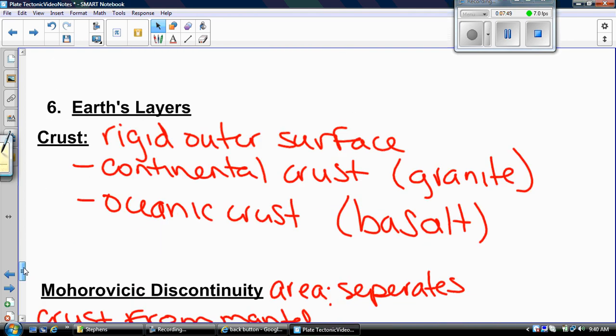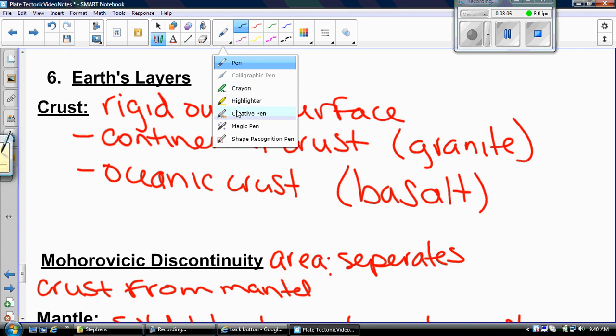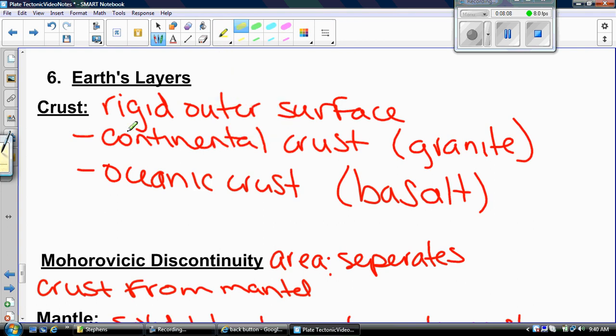Okay, so in order to understand why our continents move, we have to understand the Earth's layers, what's inside the Earth. The outermost layer of the Earth is our crust. It's the rigid outer surface. We have two types of crust. We have continental crust, which is mostly made up of the igneous rock granite, and oceanic crust, which is mostly made up of the igneous rock basalt.